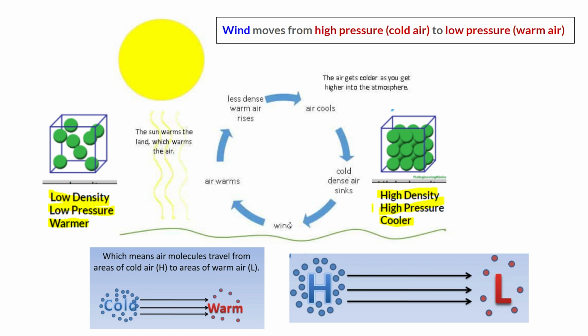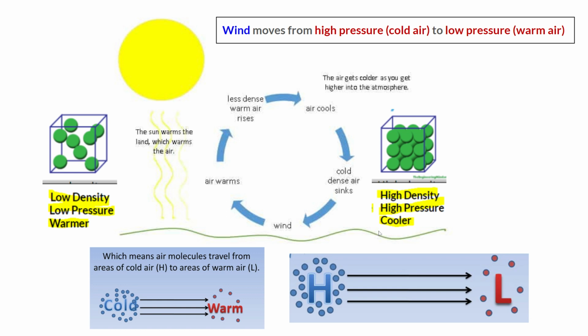And you'll also notice that winds actually move from areas of cold air to warm air. Or, more specifically, winds move from places of higher pressure, in areas where we have cold air sinking, to areas of low pressure, in areas where warm air is rising. Why? Take a look at the molecules. In high pressure areas, the molecules are closer together, just like cool air.